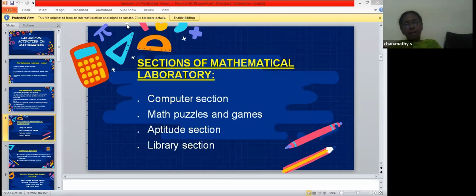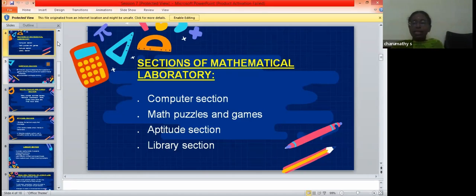The maths lab should have a part of a library also, where we can give children a reading space. It can contain books of great mathematicians, Vedic maths, ancient maths, puzzles, game books involved in maths, mental ability books.